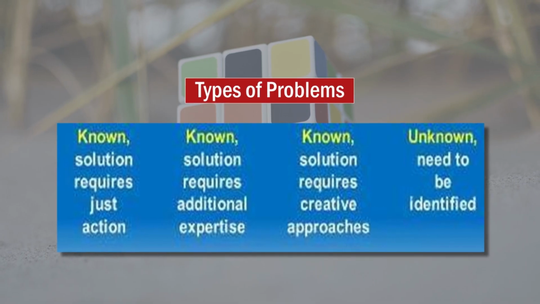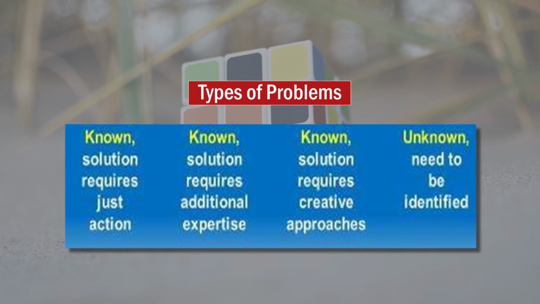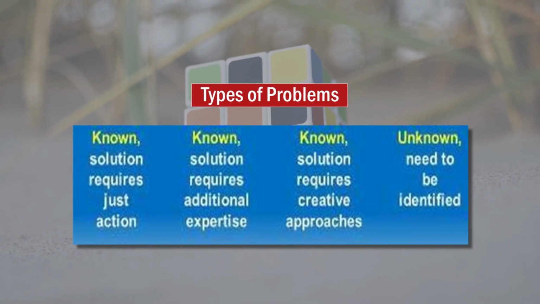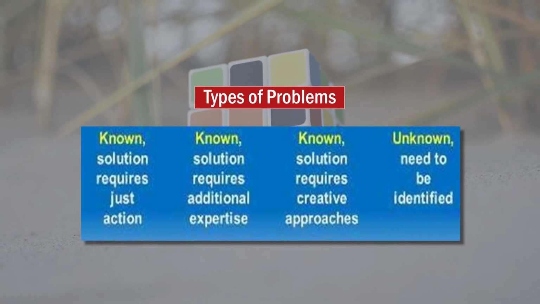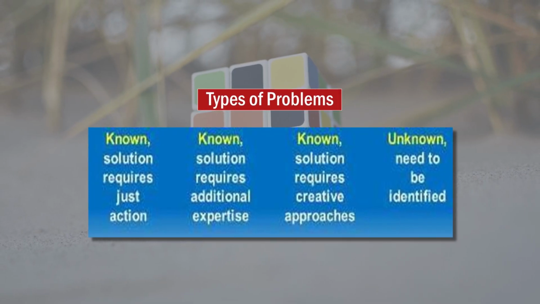First, the problem itself is unknown and needs to be identified, and on the basis of gap analysis you propose a solution. That is a research problem. Second, problems where just action is required and the problem is well known. Third, the problem is well known and you need just additional expertise. Finally, the problem is well known and you need creative approaches to solve it.